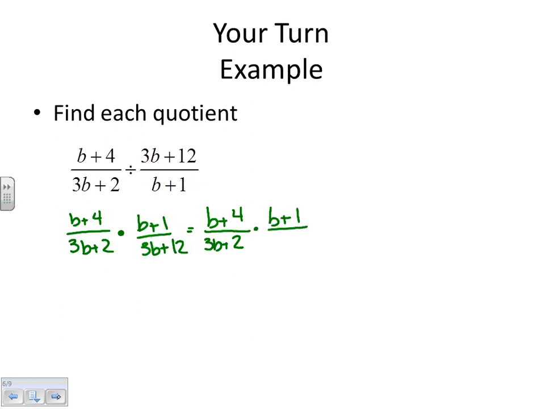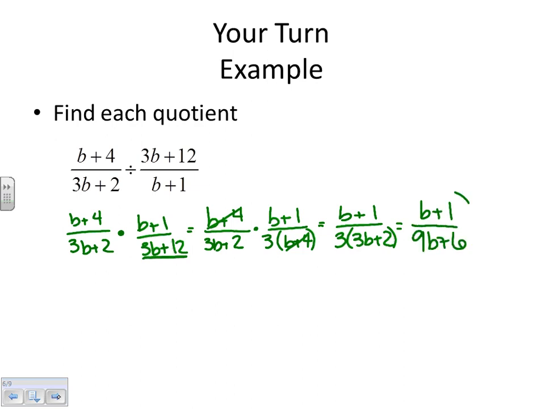And we've got to factor out this right here. Well, we can factor a GCF in there as 3 and (b + 4). And we can cross simplify here, (b + 4) and (b + 4), and we are left with (b + 1) over 3 times (3b + 2), which is (b + 1) over (9b + 6).